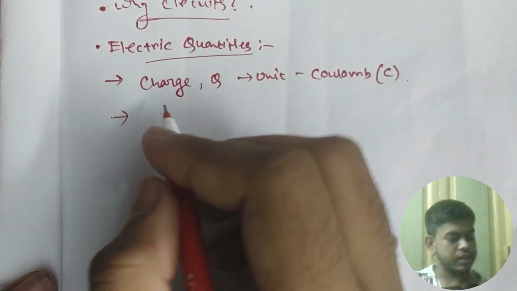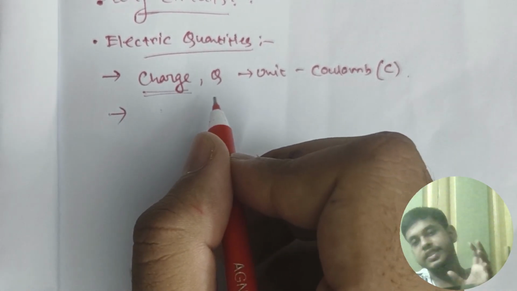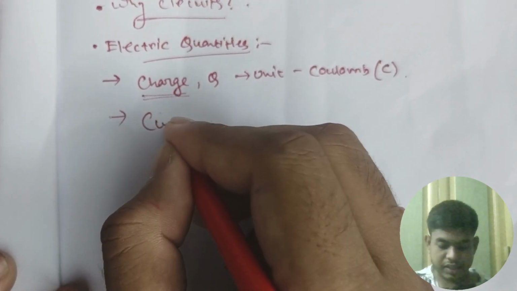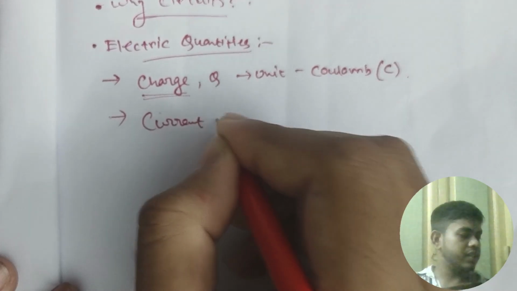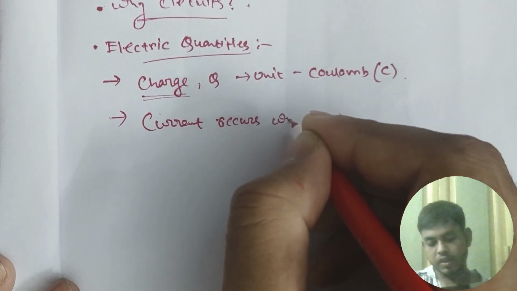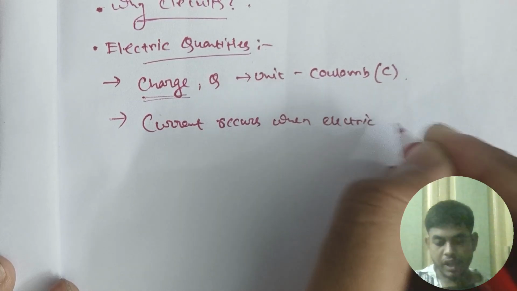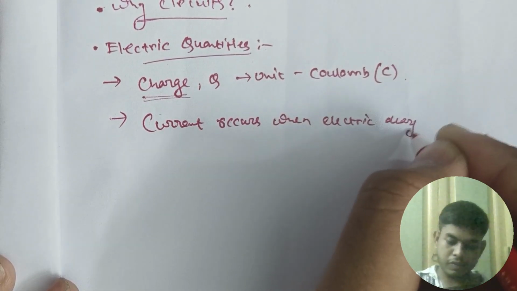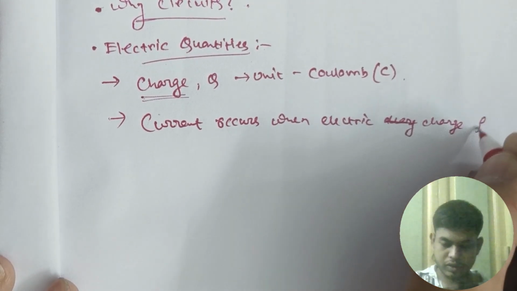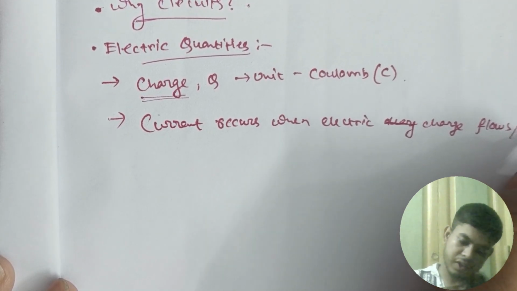Then now comes, why do we need to flow current? What is current then? Current occurs when electric charge flows or moves.